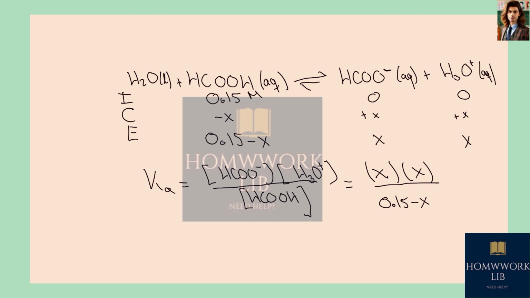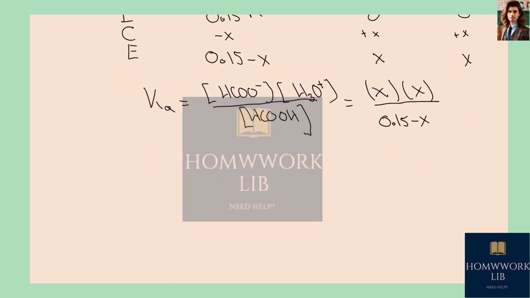Here we're also already given the value for the acidity constant, 1.8 times 10 to the minus 4. This is equal to x squared divided by 0.15 minus x. Next, we could solve the quadratic equation that comes from this. You pass the denominator to the other side, and we get the final result.